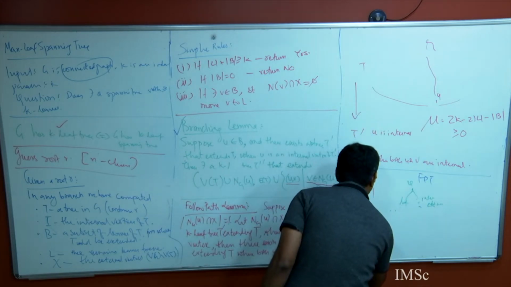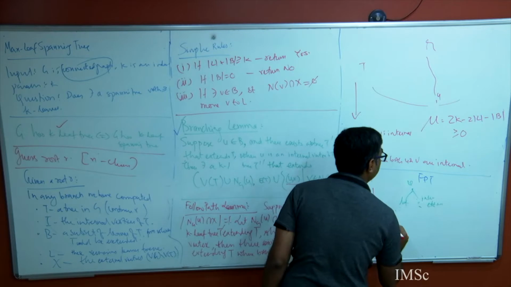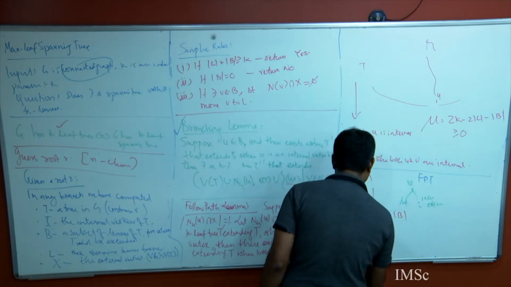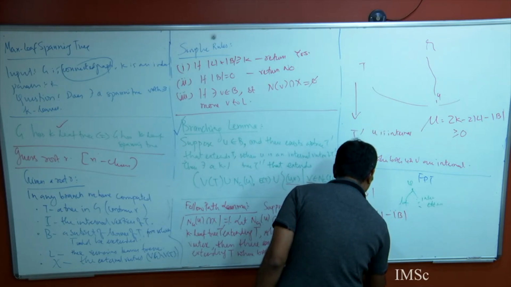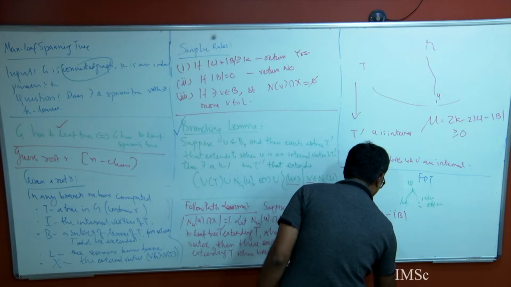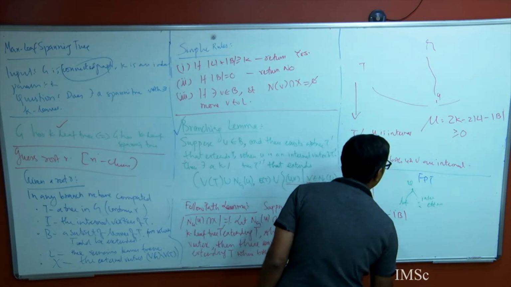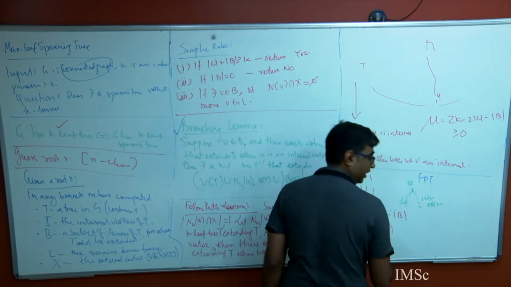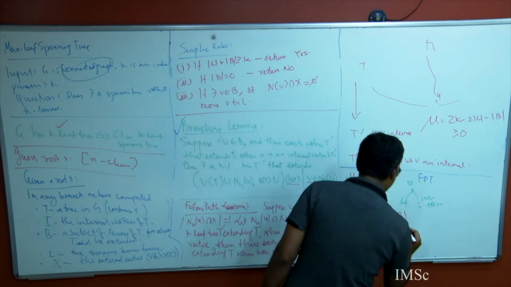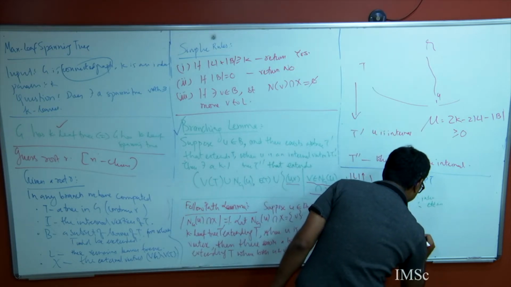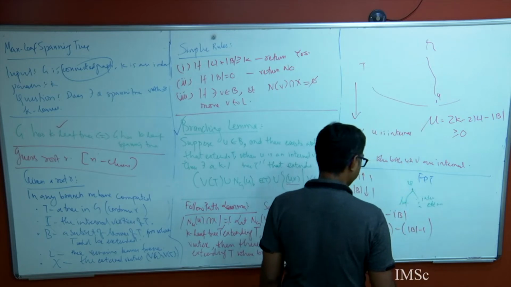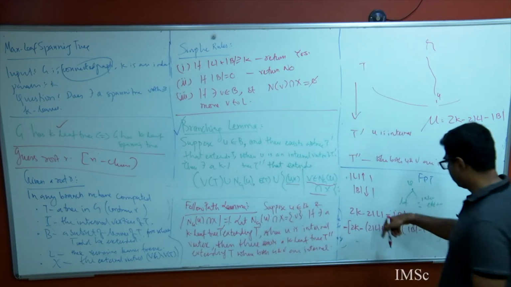I have 2k minus 2 mod L minus B. I have to subtract 2k minus 2 (mod L plus 1) minus (B minus 1). This is what I have to do. Let's see what this is.